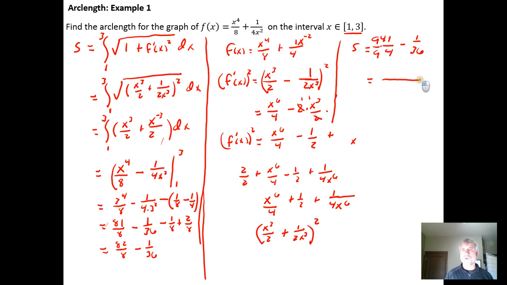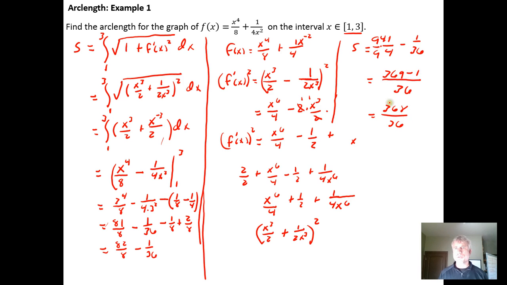So this is all going to be over 36. And it's going to be 9 times 41 is 369. 9 times 4 is 36. We're going to get 369 minus 1, which is 368 over 36.